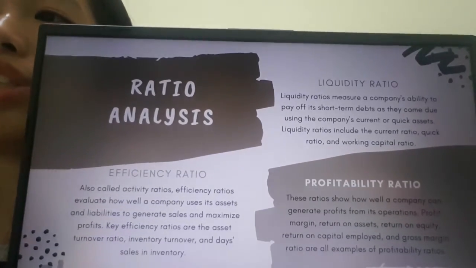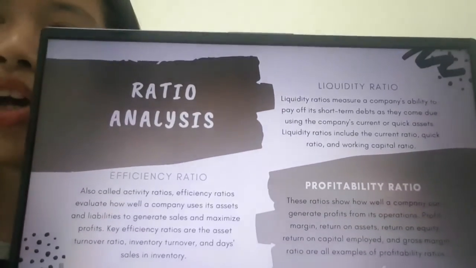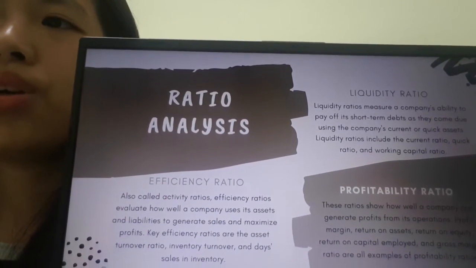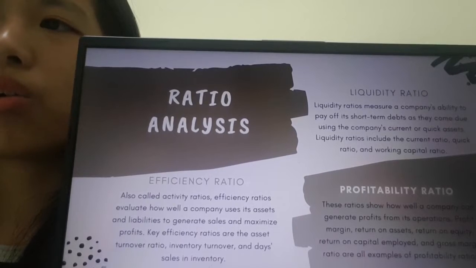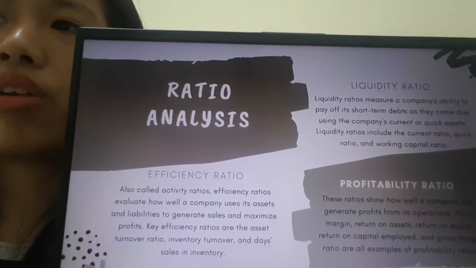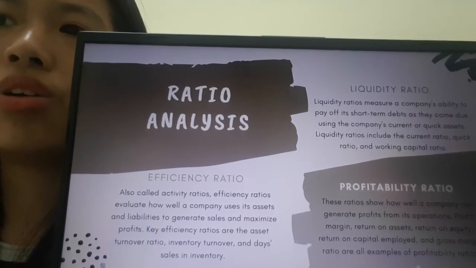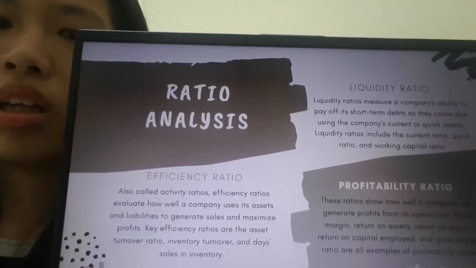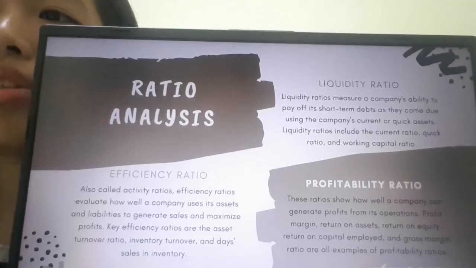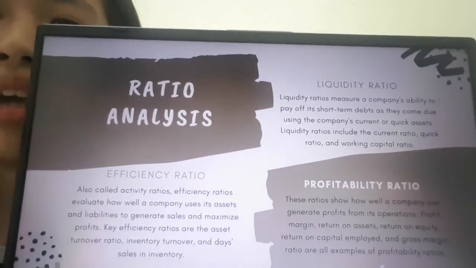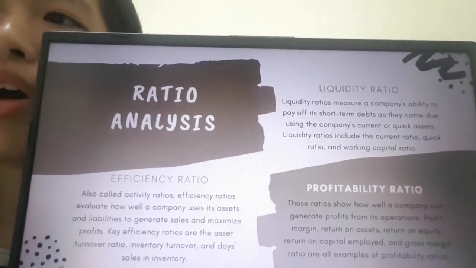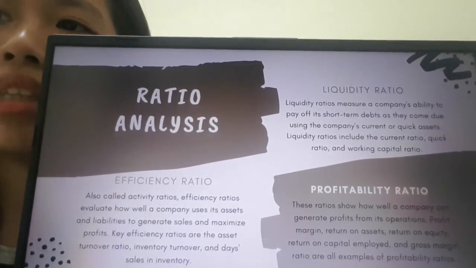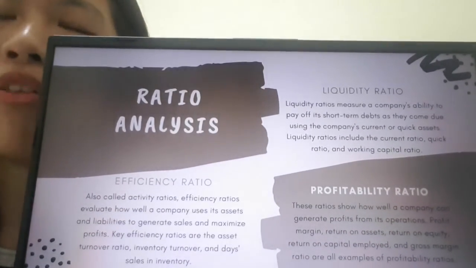So, liquidity ratio measures a company's ability to pay off its short-term debts as they come due using the company's current or quick assets. Liquidity ratio includes the current ratio, quick ratio, and working capital ratio. Efficiency ratio, also called activity ratio, evaluates how well a company uses its assets and liabilities to generate sales and maximize profits.